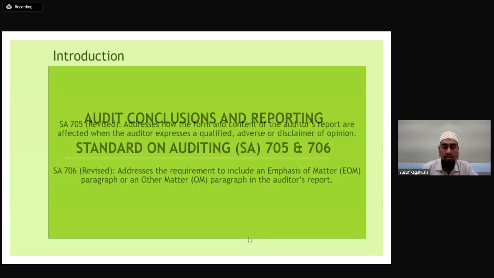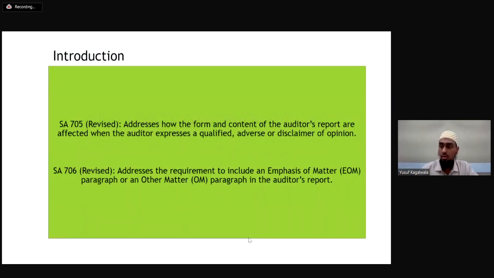I will go in detail with respect to this, and when I go in detail, I will be touching upon SA 705. SA 705 addresses the form and content of the auditor's report when a qualified opinion, an adverse opinion, or a disclaimer of opinion is given.